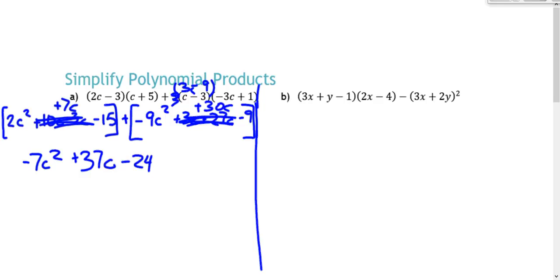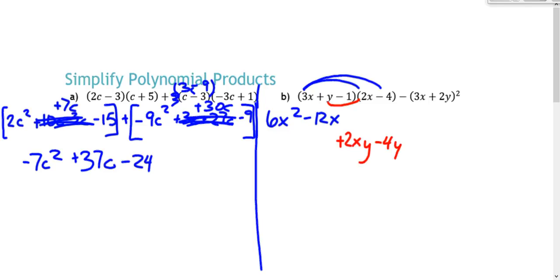Let's do that stack again because we have multiple variables, so we'll deal with each thing independently. So this will be 6x squared minus 12x plus 2xy minus 4y, and then negative 2x plus 4.